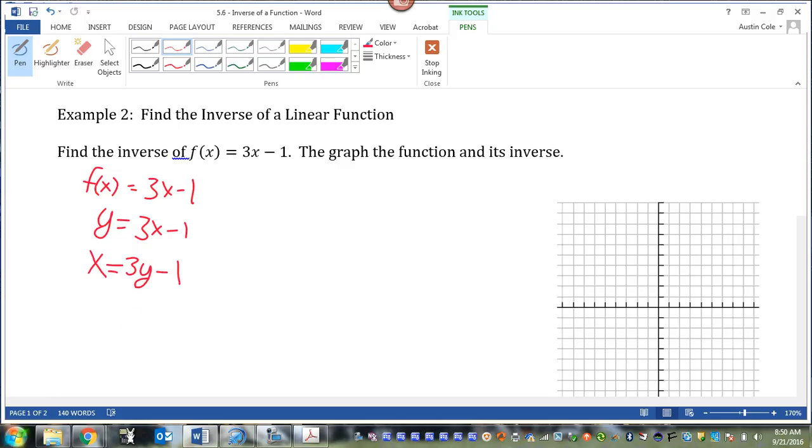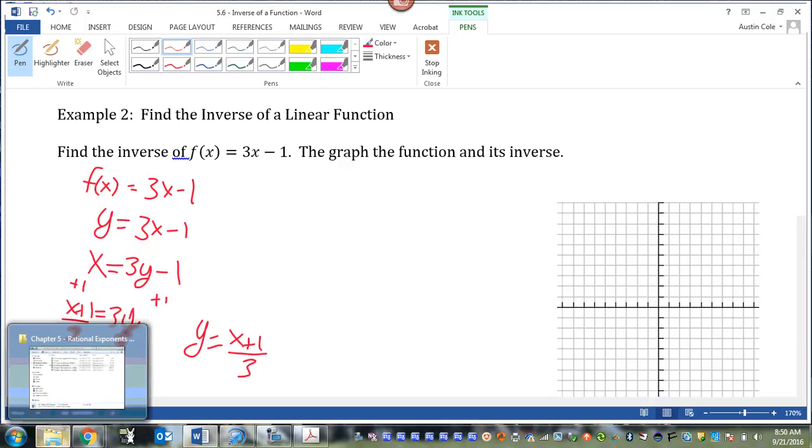And then you solve for y. So we have to add 1. X plus 1 equals 3y. Divide by 3. Get y equals x plus 1 over 3.